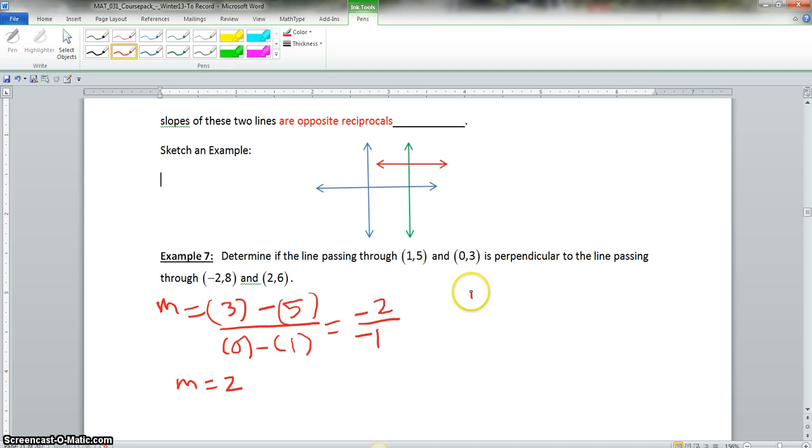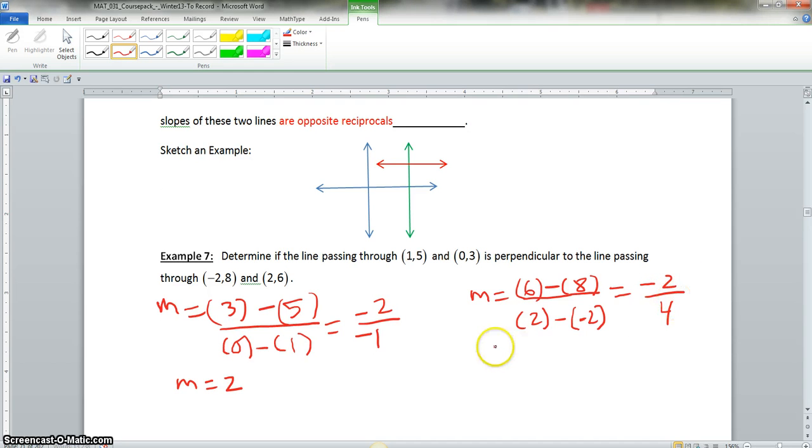Now we do the second slope. We have y2, which is 6, minus y1, which is 8, all over x2, which is 2, minus x1, which is negative 2. 6 minus 8 is negative 2. 2 minus a negative 2 is 4. We can simplify that.